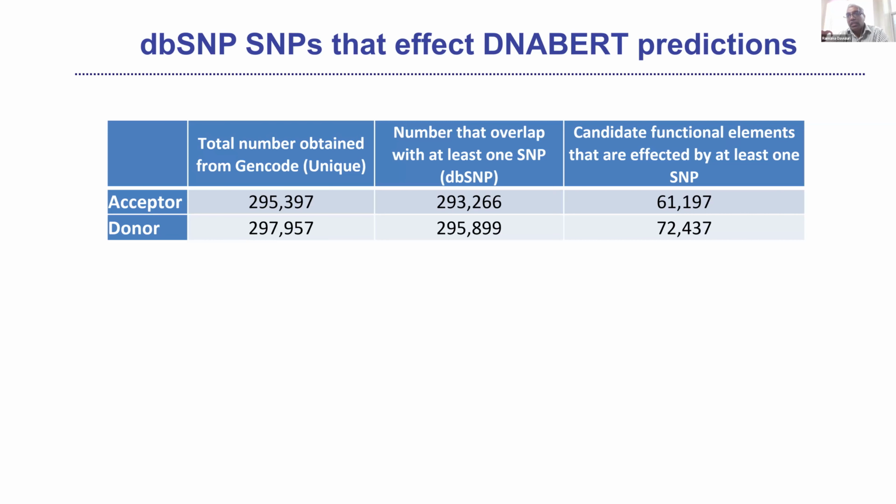Out of these, 61,000 acceptors are affected by at least one SNP. Similarly, 72,000 donors are affected by at least one. Again, these are predictions and we have to validate them. But 20 to 25% of the functional sites are affected by at least one SNP with a significant change in the prediction probabilities.